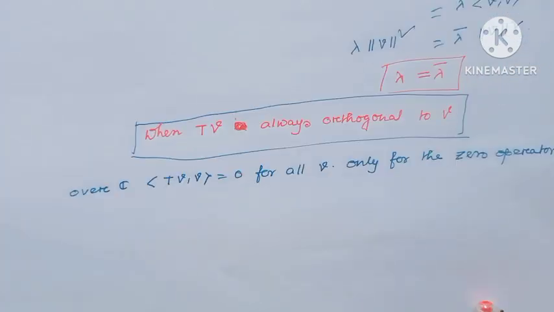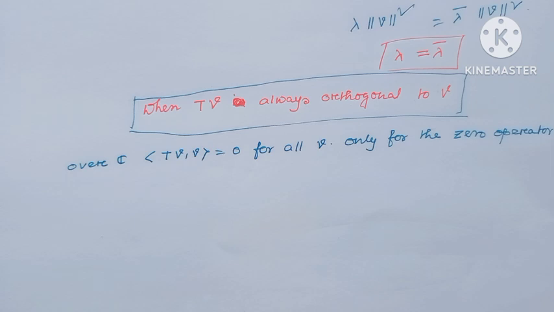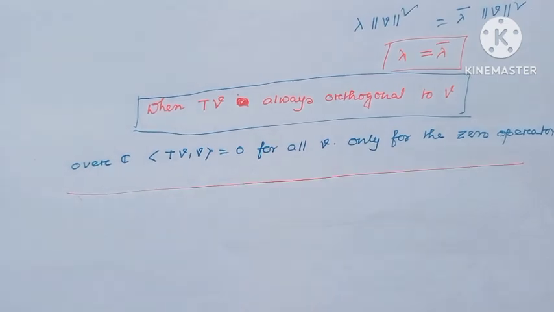My next question: when is Tv always orthogonal to v? Over C, the inner product of Tv with v equals 0 for all v only for the zero operator.